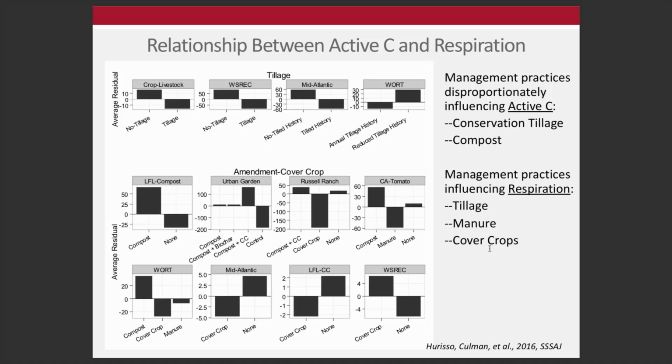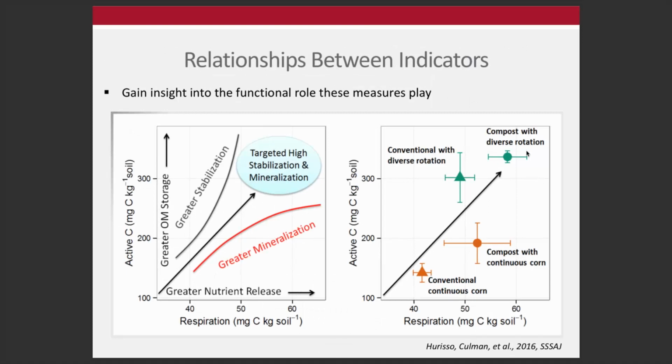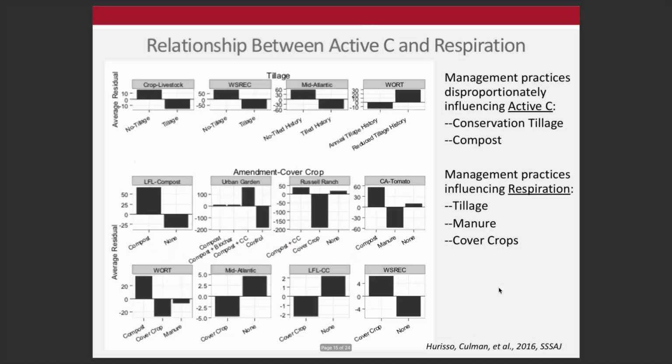So when we add, for example, compost or have a diverse crop rotation, often we get increases in both active carbon and respiration. But figuring out which one is getting more influence, that's what the result of this work was.